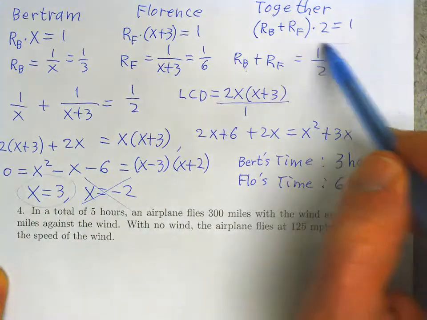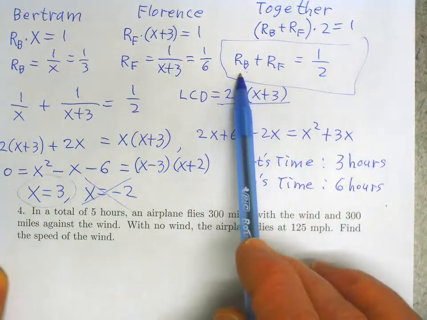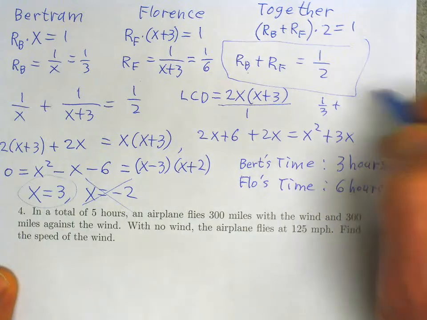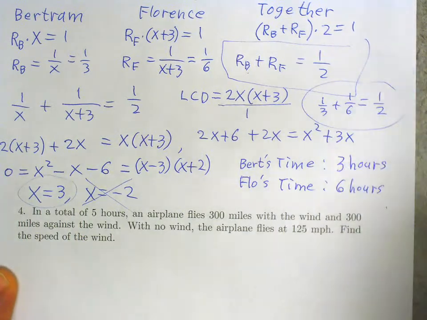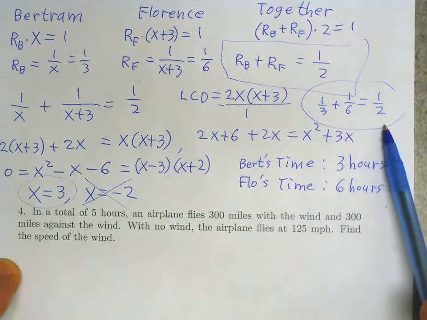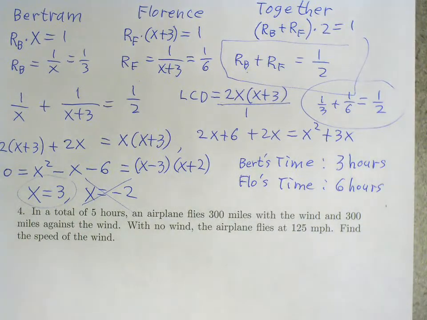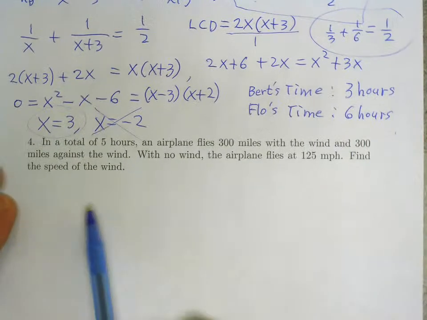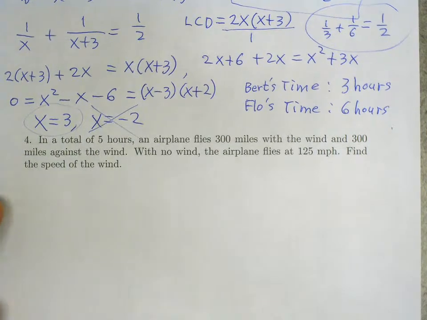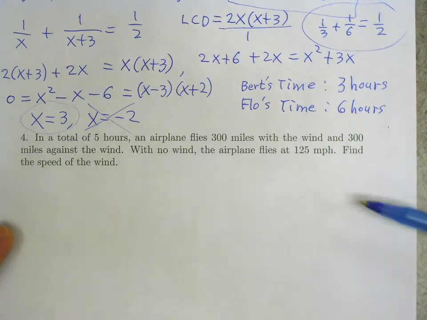And then in this equation, you can replace Bertram's rate with 1/3, add that to Florence's rate, which is 1/6. And it's not hard to verify that 1/3 plus 1/6 equals 1/2. So everything checks out on this one. Okay, I'm going to wait for a bit to do this problem, and hopefully we'll be able to come back to this one.